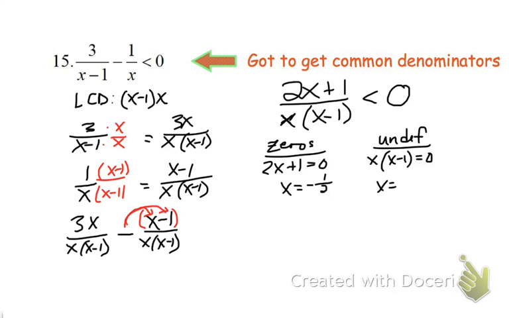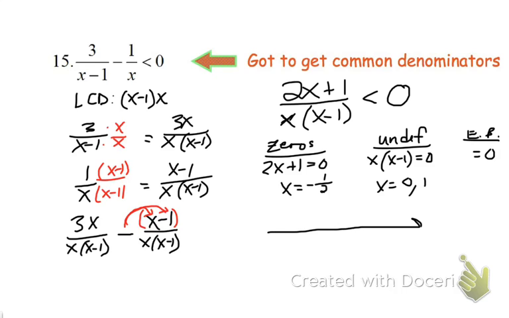And those are the values x equals 0 and x equals 1. Again, we're going to find that our end behavior, with the 2x in the numerator and the x squared in the denominator, is going to equal 0, which doesn't help our case for finding the signs on the sign chart.